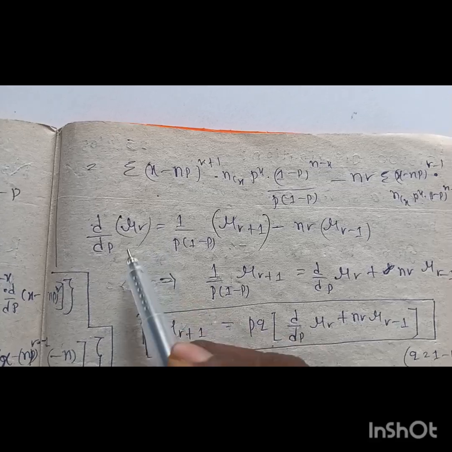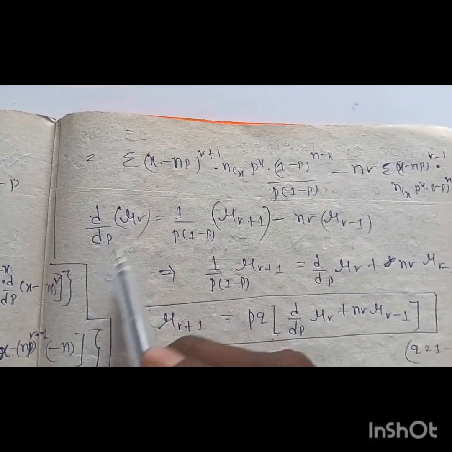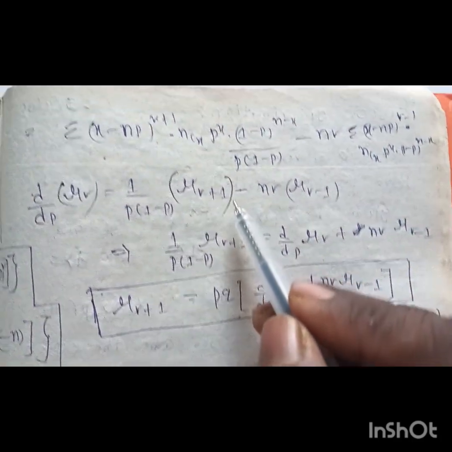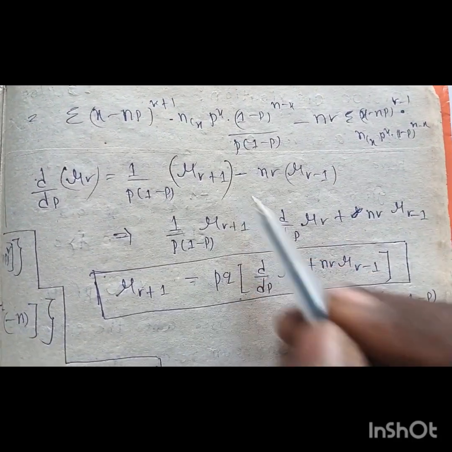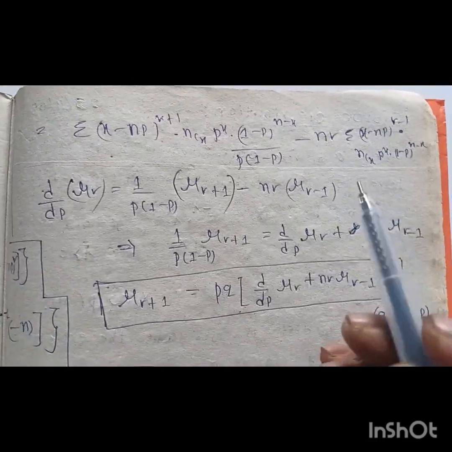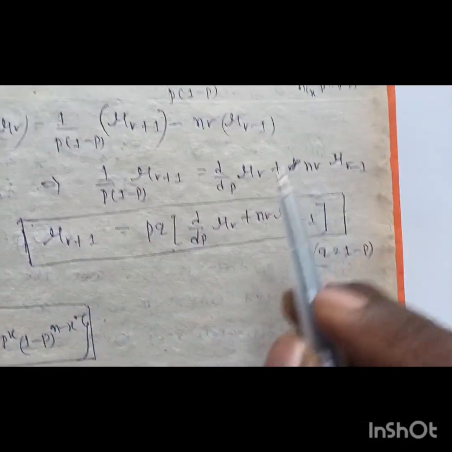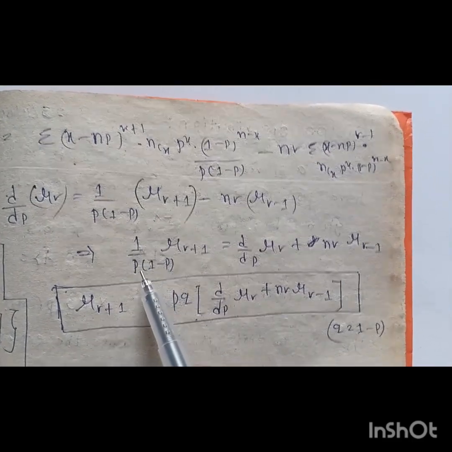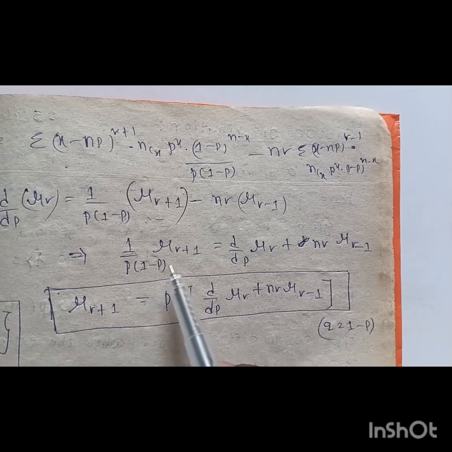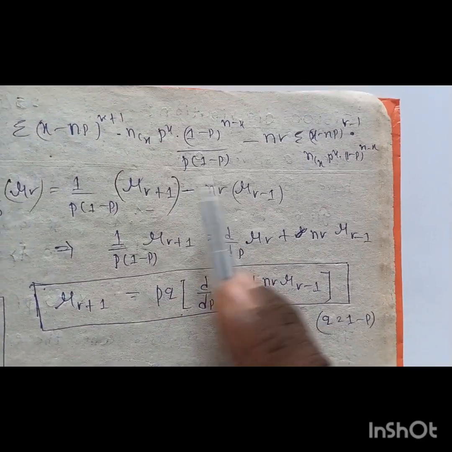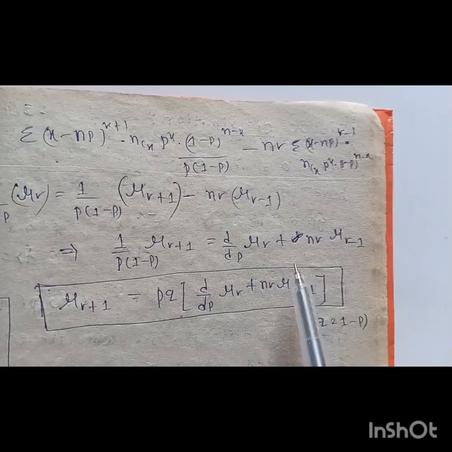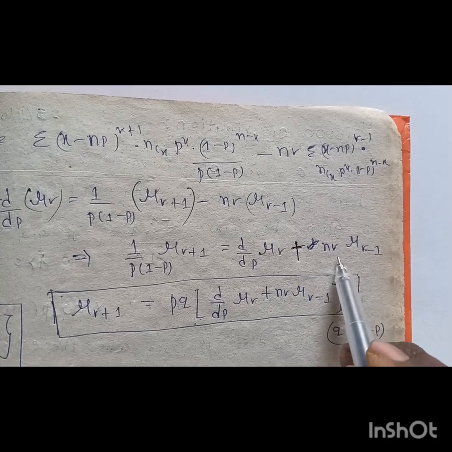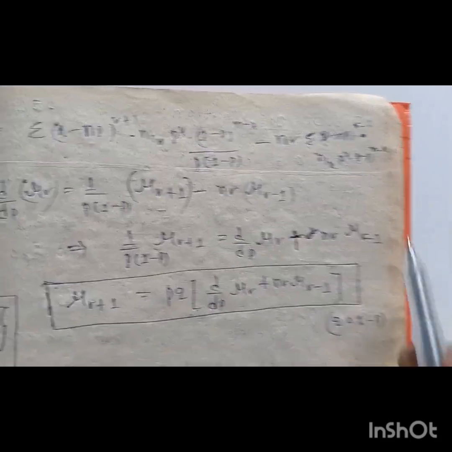On the LHS we already have d by dp of mu r. What we need to calculate here is mu r plus 1, so put all the remaining values on this side. So 1 divided by p into 1 minus p times mu r plus 1 equals, this term moving to this side, getting a plus sign, d by dp of mu r plus nr into mu r minus 1.